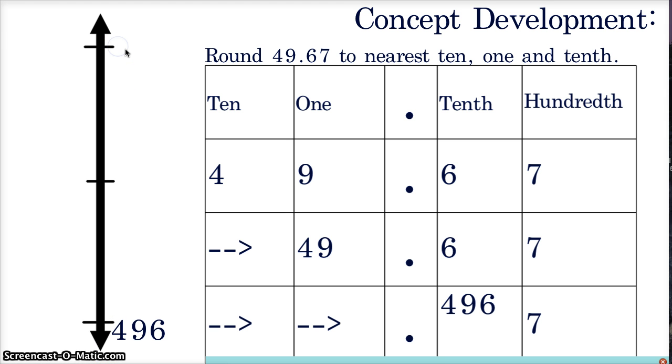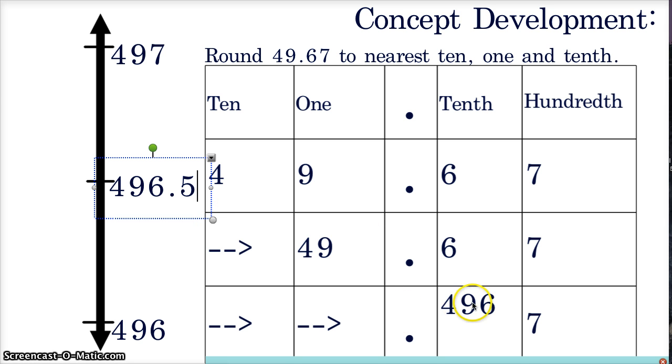1 more than 496 is 497. And remember, I'm dealing with tenths, so 497 tenths. So what's halfway between 496 and 497? I'm going to start by writing my 4 and 4 are the same, my 9 and 9 are the same, and what's halfway between 6 and 7? 6.5.